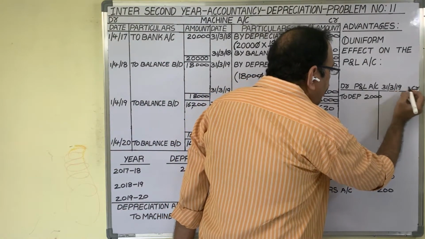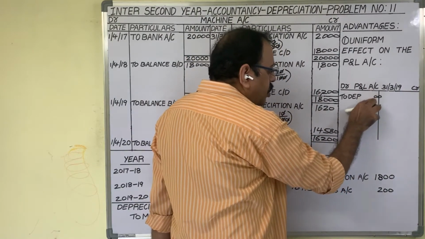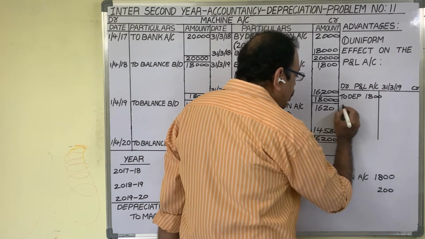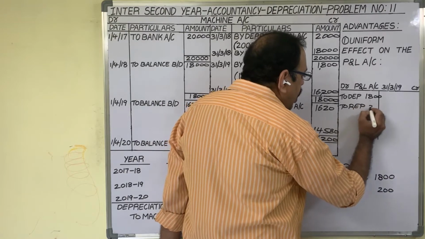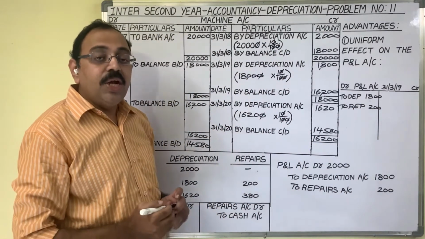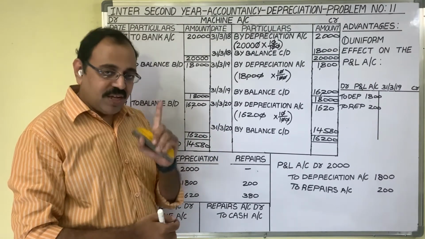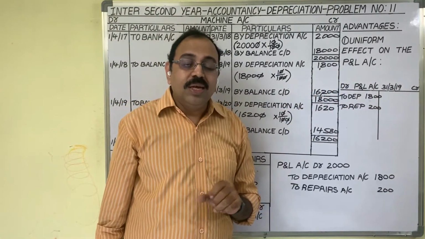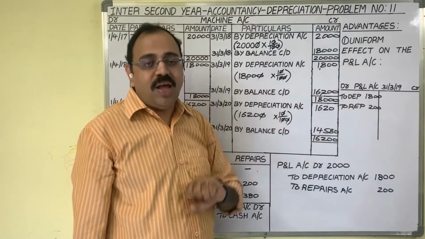When we are preparing profit and loss account, debit side to depreciation 1800, to repairs 200. But final effect is 2000 is debited to profit and loss account. In first year, we debited 2000 to profit and loss account. In second year also, we debited 2000 to profit and loss account.